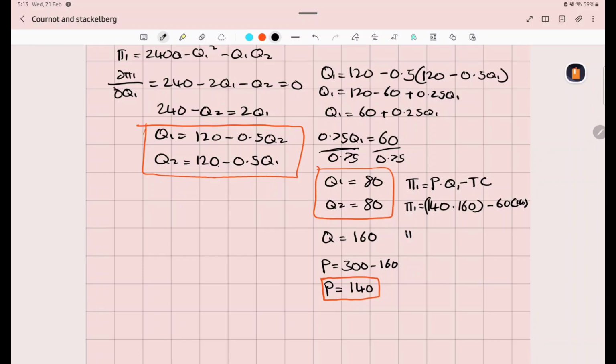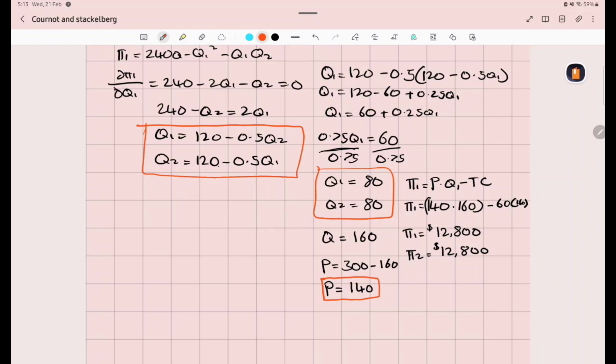Profits for firm 1 is 12,800, implying that profits for firm 2 is also the same.